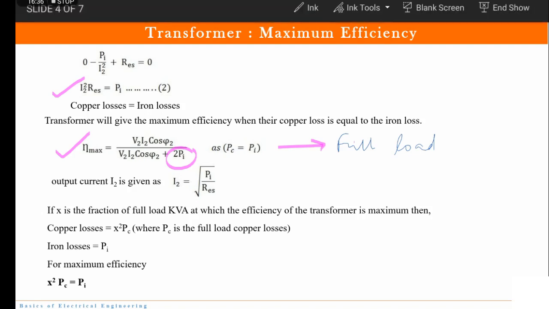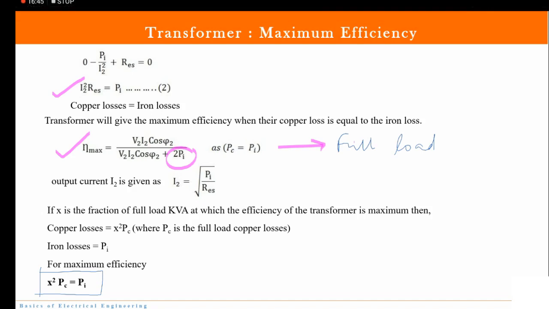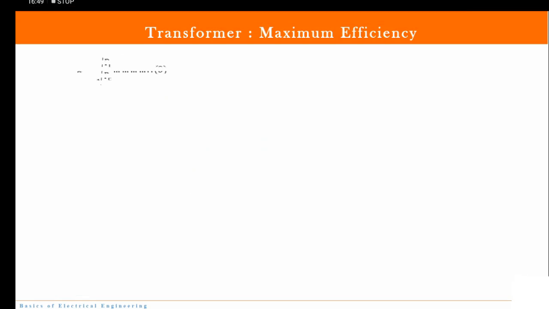So in this condition, where we take X amount of full load rating, the condition becomes X square PC equal to Pi. Fine. So from that condition, I arrive at this, that X equal to square root of Pi upon PC.